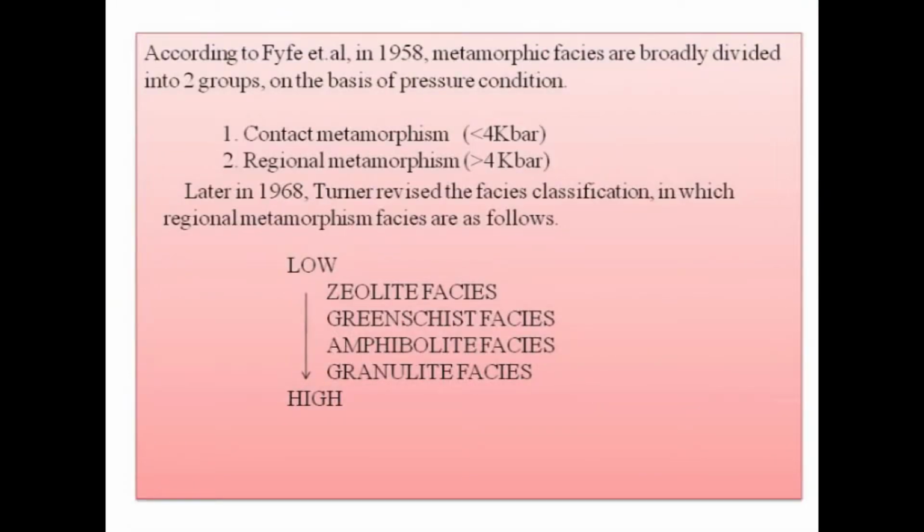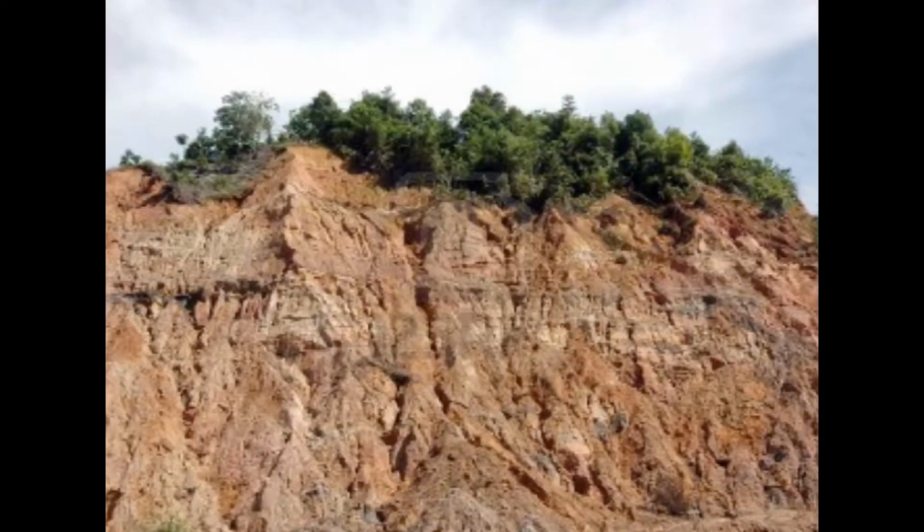Fyfe et al. in 1958 divided the metamorphic facies into two types on the basis of pressure, that is contact metamorphism, where pressure is less than 4 kilobar, and regional metamorphism, where pressure is more than 4 kilobar. Regional or Barrovian metamorphism covers a large area of continental crust, typically associated with mountain ranges, particularly subduction zones or the roots of previously eroded mountains.